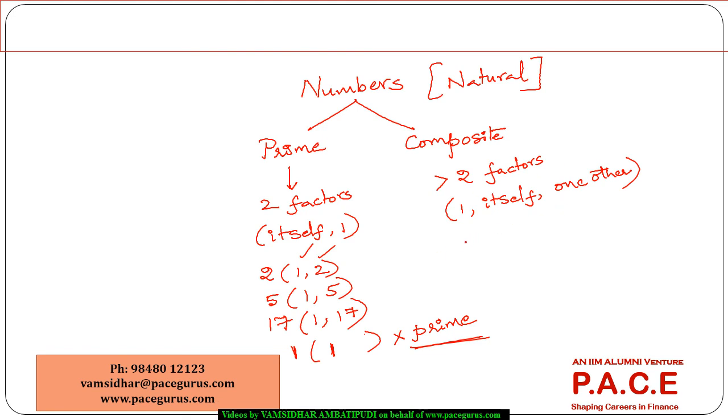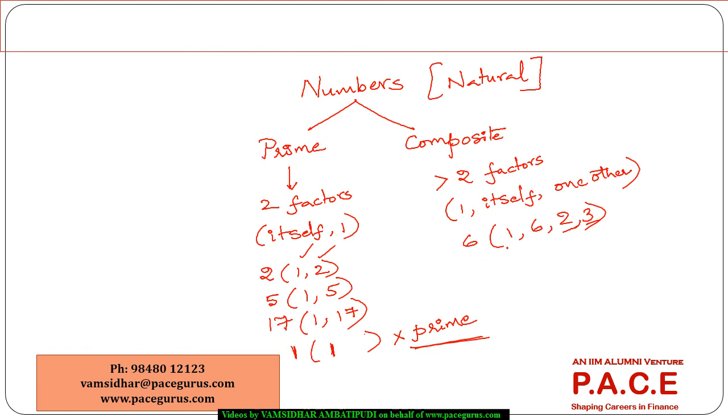Now if you look at the number 6, number 1 is a factor to it, number 6 is a factor to it, but 2 is also a factor. 2 3s are 6 and 3 is also a factor. 3 2s are 6. So apart from 1 and itself, there are a couple of other factors also for that number.